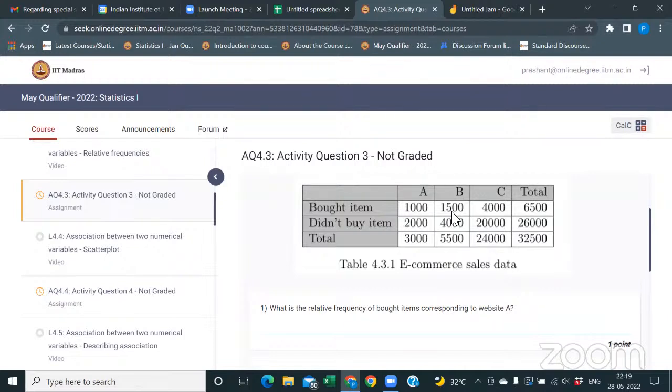But this is not the question. The question is to find the relative frequency of bought item, which means 1000, corresponding to the website A, which means 3000. Out of 3000, what is the relative frequency for bought item?